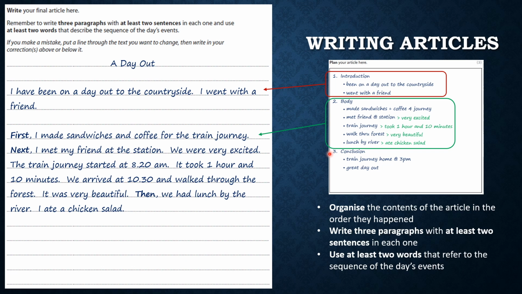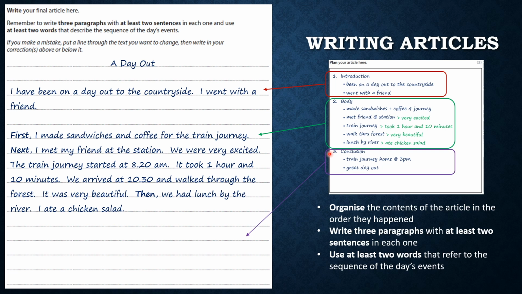The train journey started at 8:20 a.m. It took 1 hour and 10 minutes. We arrived at 10:30 and walked through the forest. It was very beautiful. Then we had lunch by the river. I ate a chicken salad. So that would be the main body, a lot more details than the other paragraphs.